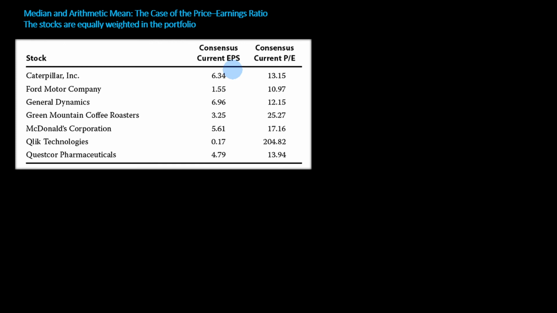So back to the example, and by the way, the stocks are equally weighted in the portfolio. That means we have invested the same amount of money in each of these stocks. They have also given us the average current PE on the companies in the S&P 500 index, which was 18.80 at that time, which was 2013, I think.